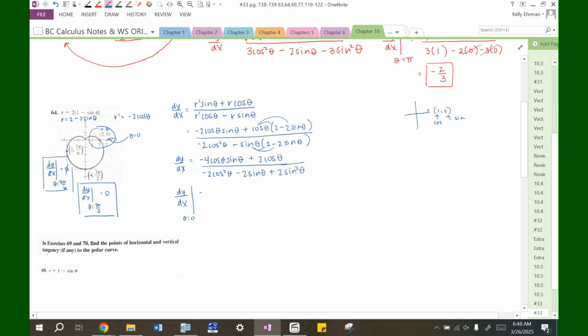All right, so negative 4 times 1 times 0 plus 2 times 1 over negative 2 times 1 squared minus 2 times 0 plus 2 times 0 squared. Zeros are gone. This is giving me 2 divided by negative 2, so a slope of negative 1. Seems reasonable. It's a negative slope, at least that's a good sign.